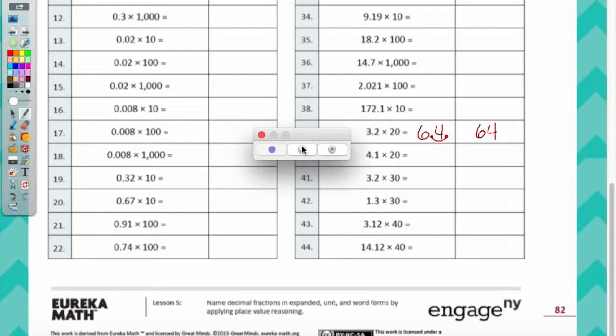So start with number 1, 623, 6,230, 62,300. Did you get those right? Of course you did.